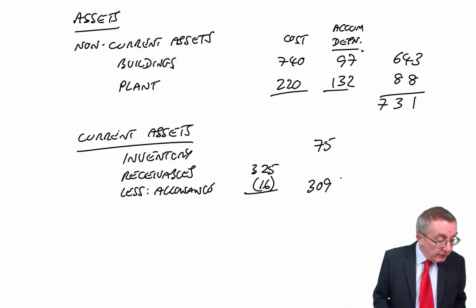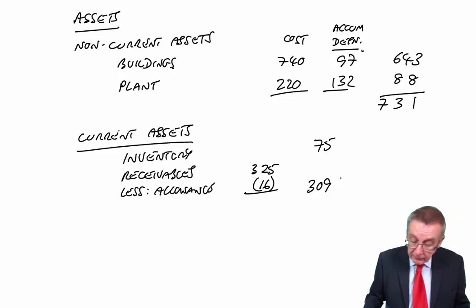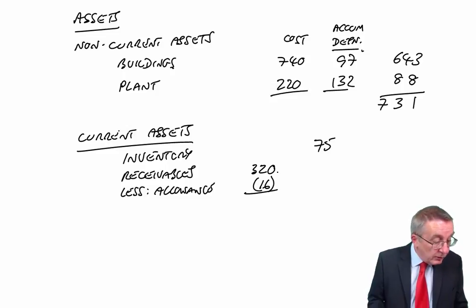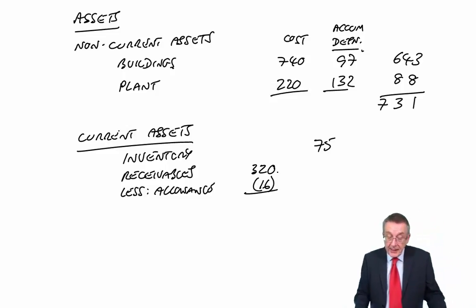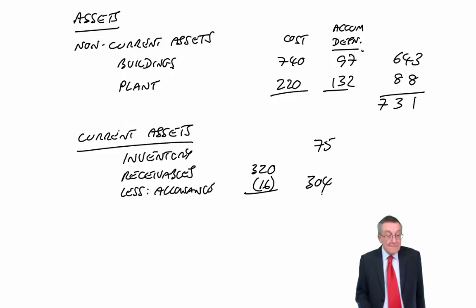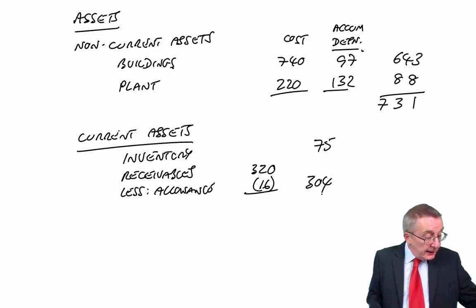I've copied a figure wrong, haven't I? Receivables. I copied the wrong figure. I do apologise. Receivables were 320. I wrote the wrong figure down. Subtract the 16. The net receivables are 304. What else? Looking at the trial balance, we dealt with most things. I think the only other thing, yes, is cash.